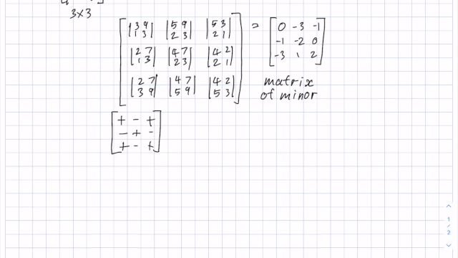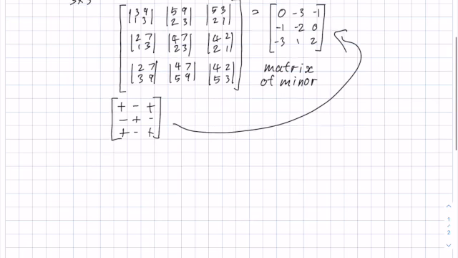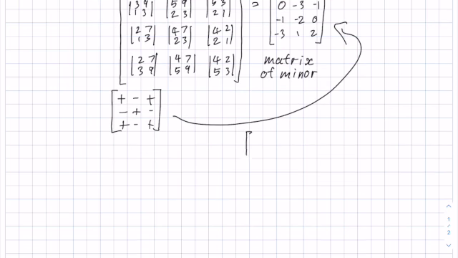So if we were to apply that, it's essentially just multiplying by +1 or -1 depending on if it's the positive sign or the negative sign. So if we were to apply this one onto this, we should get this matrix: 0, 3, -1, 1, -2, 0, -3, -1, 2.